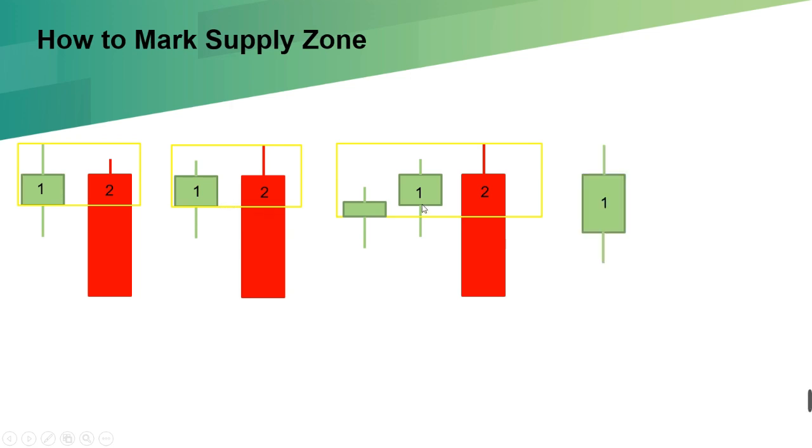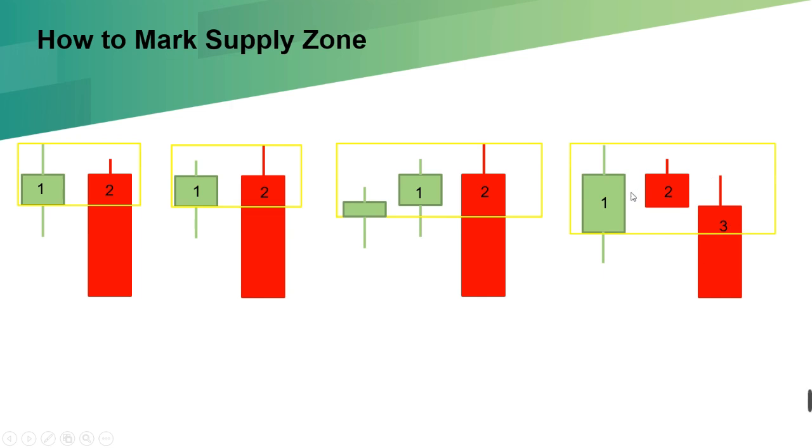So the fourth type of supply zone that I usually mark is something like this. There are three candlesticks, one bullish and two bearish. What you can see over here is that this bullish candlestick is engulfed not only by one, it cannot happen by one, but by two candlesticks. So my supply zone will be over here.